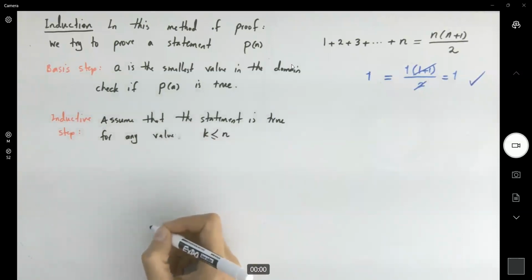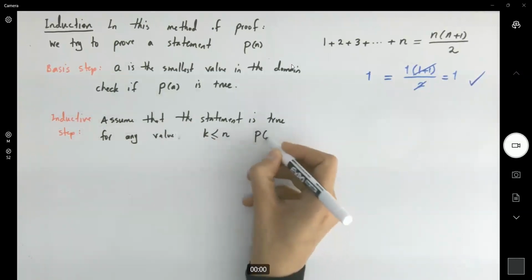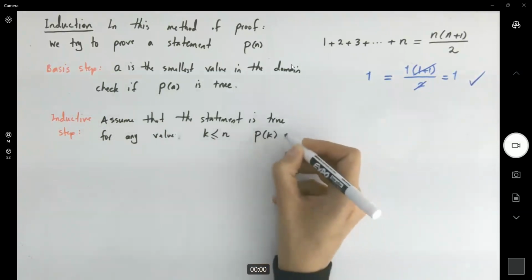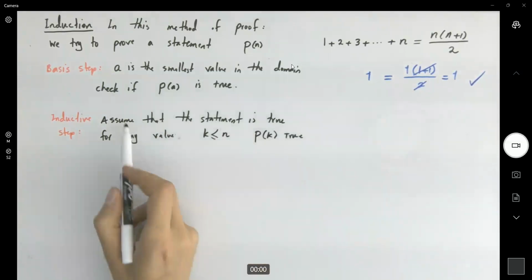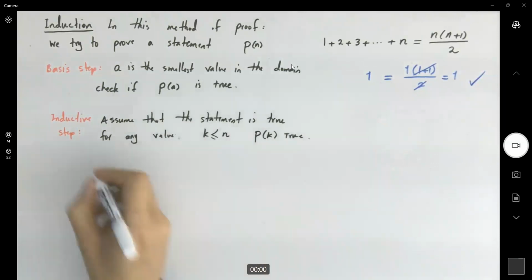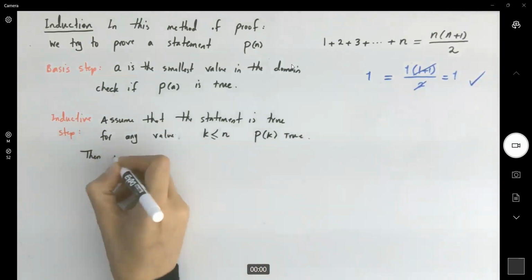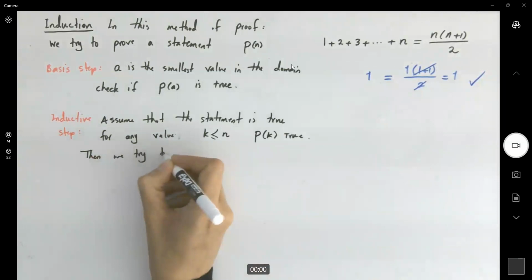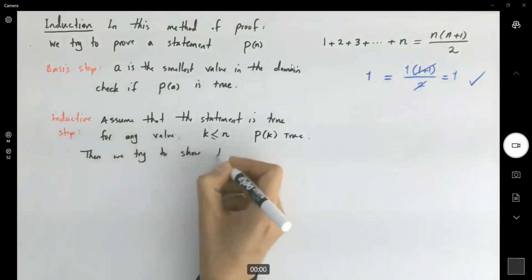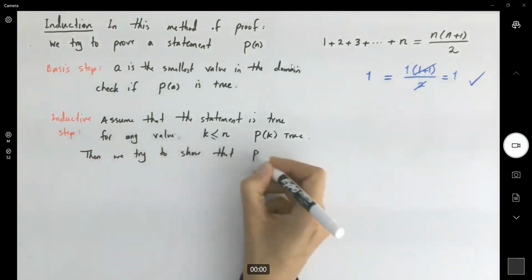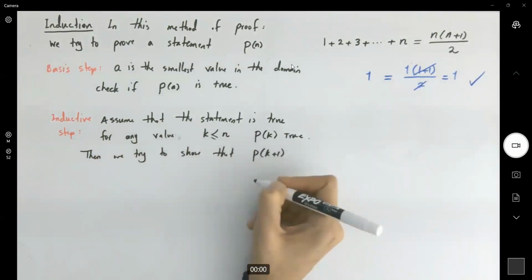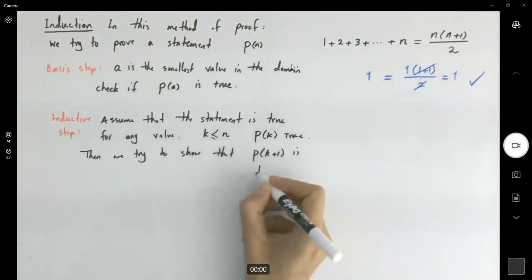What's the meaning of that? We assume that P of k is true. This is our assumption. Then we try to show that P of k plus 1 is true.